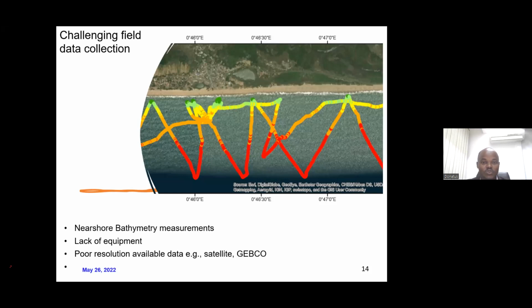And for you to be able to reconstruct the beach profile from the land to the nearshore depth, you need the nearshore bathymetry. And this is very complex data because it's difficult to collect.